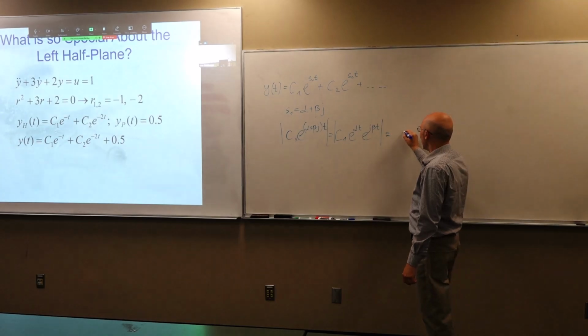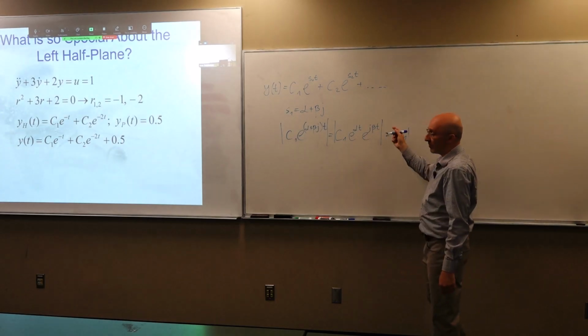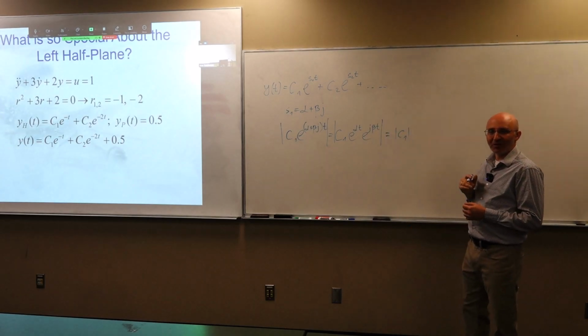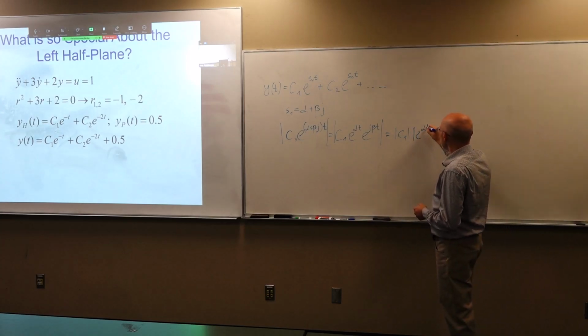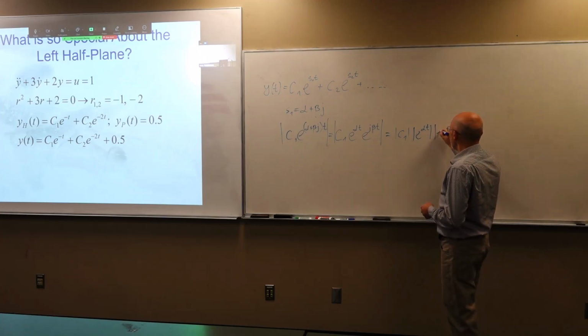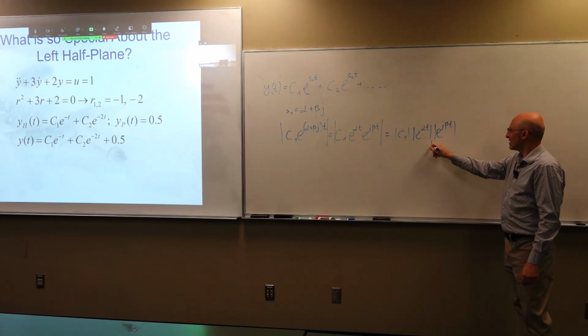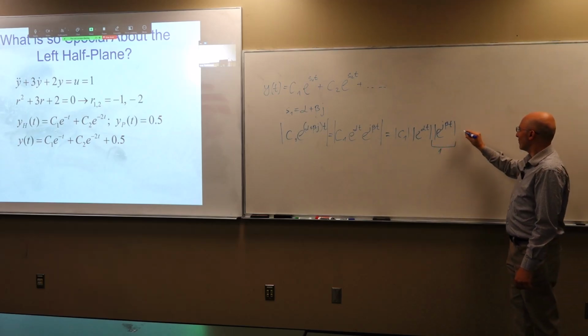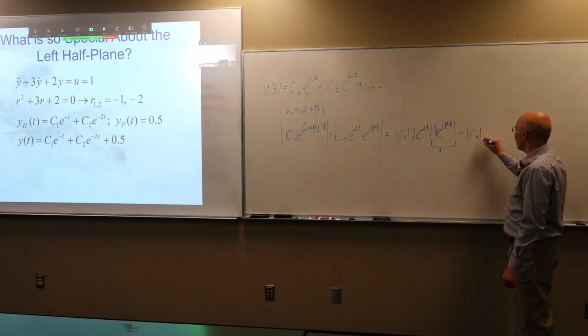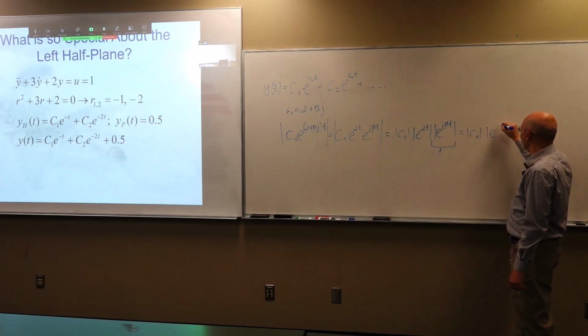It will be the absolute value of C1. Absolute value of a multiplication is obviously the multiplication of absolute values, right? And then you'll have e to the alpha t, and then you'll have e to the j beta t. But what is that thing? This is 1. So this is the absolute value of C1 times e to the alpha t.